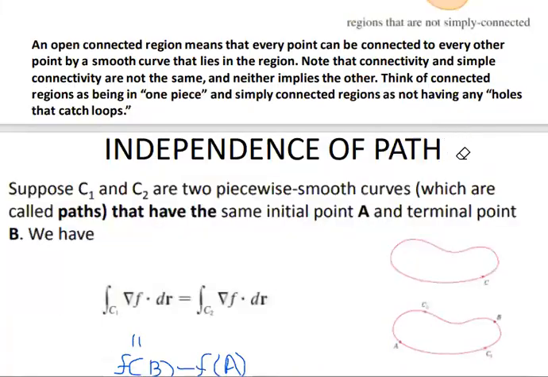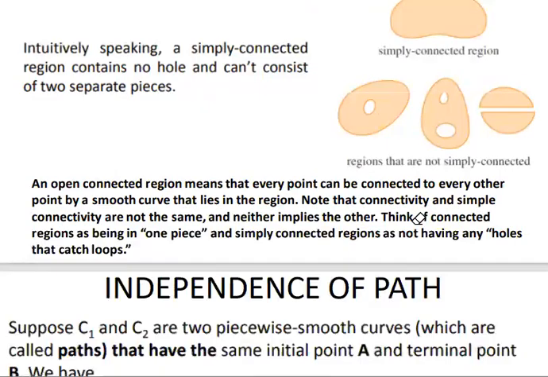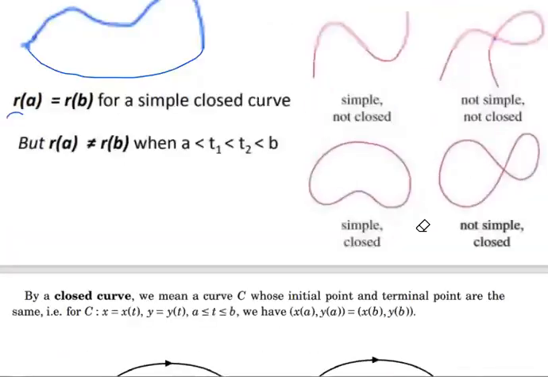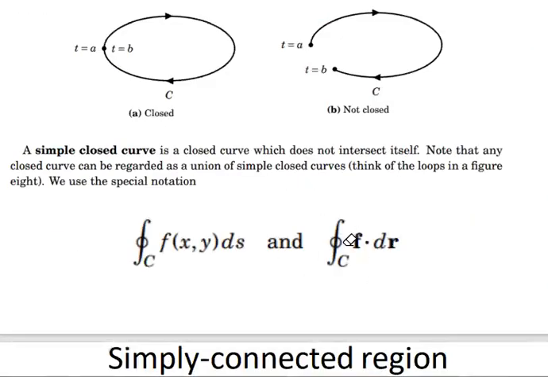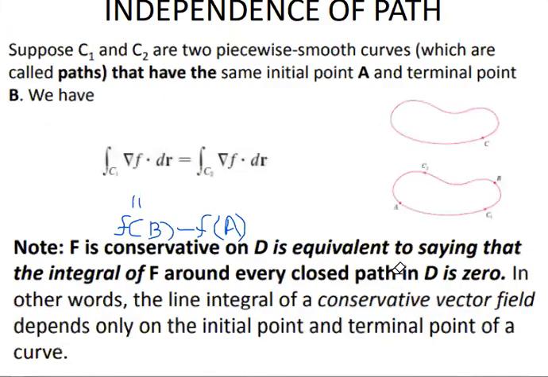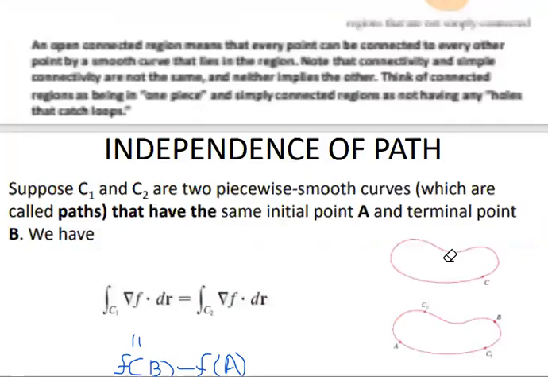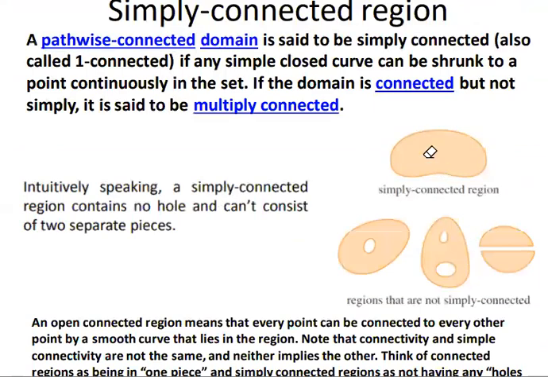So let's assume your field F is defined on this simply connected domain. Remember, this is your field. This is another concept, conservative on a domain.